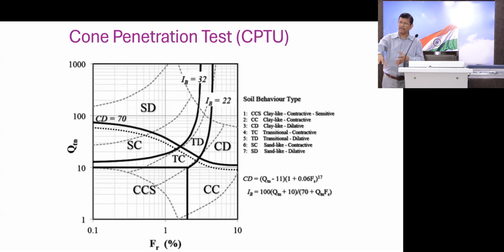You put it there, but with time water will drain out and it will become a drained material. It will not behave like an undrained one. But in reality, it didn't happen. And when they found the failure, when I looked into the failure analysis, everybody came up with the finding that it failed due to the undrained shear strength.